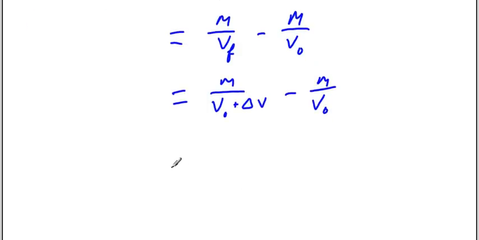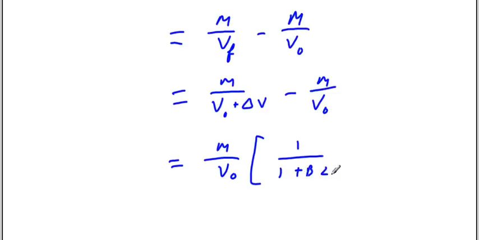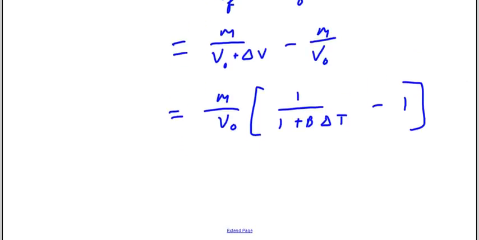And then we could rewrite it as mass over volume naught times 1 over 1 plus beta delta t, minus 1. So we could do that. And then we'd want to go in and come up with a common denominator.